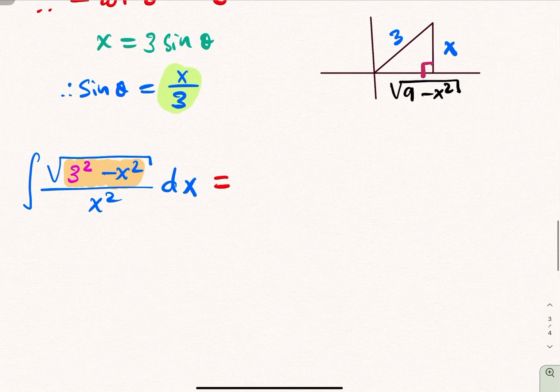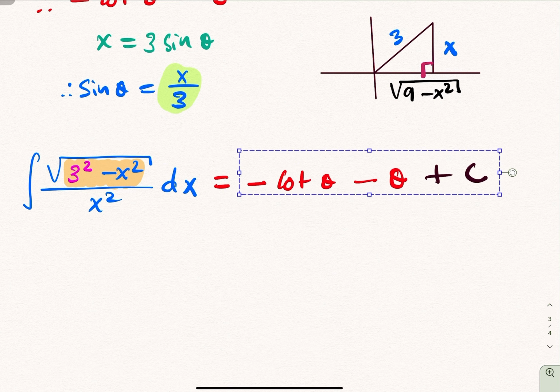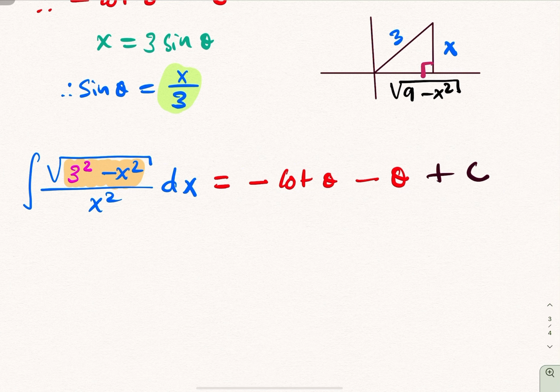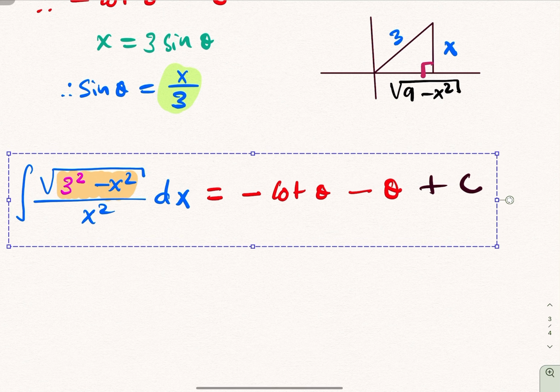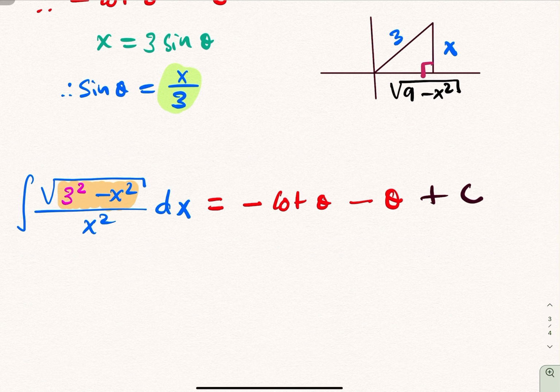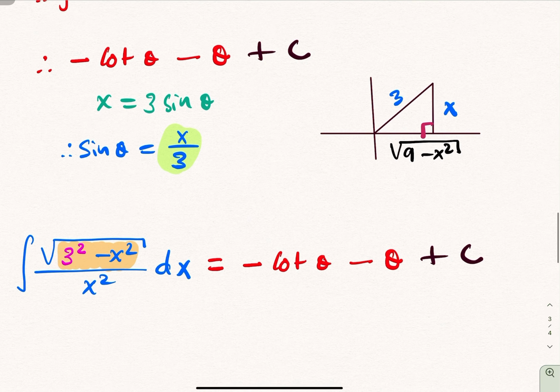Let me copy it and paste it here. This is the answer for the integral. So I want you guys to see something. Now, you are looking for cot theta. Remember that you have your theta somewhere there in the first quadrant. It's basically an acute angle.